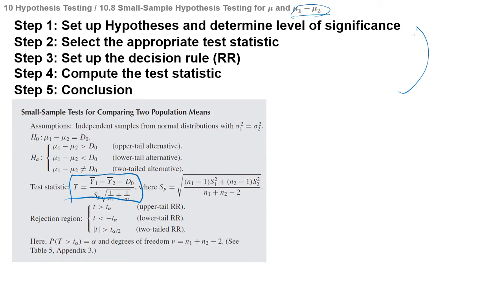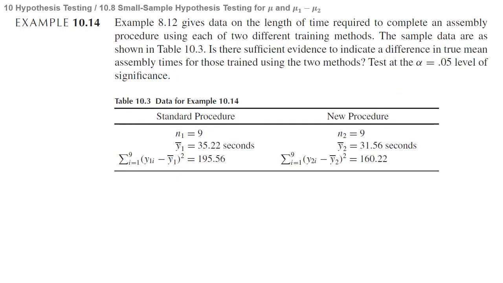After you decide your test statistic, the next step is to set up the decision rule, which is finding rejection regions. Step 4, compute the test statistic. And step 5, you can draw your conclusion.